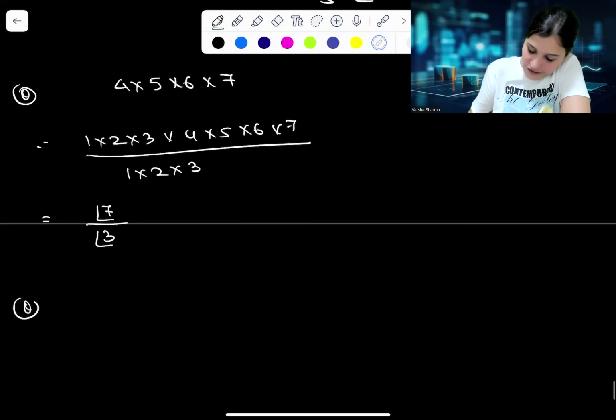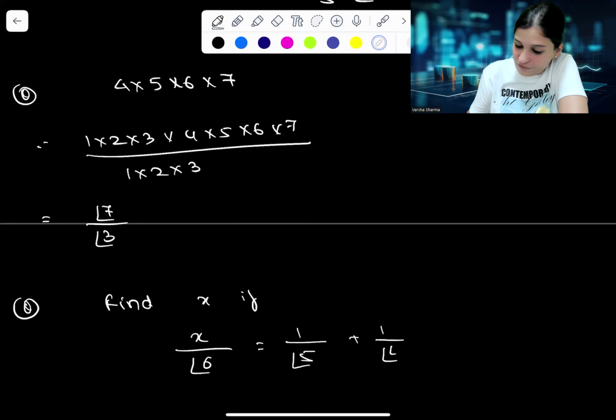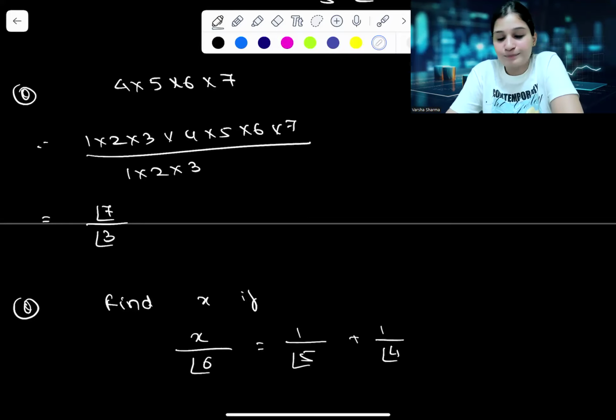Find x if x by 6 factorial equals 1 by 5 factorial plus 1 by 4 factorial. Try.